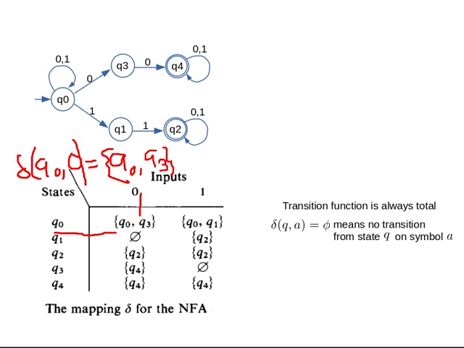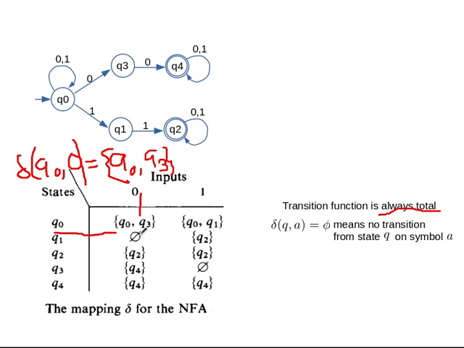Now here, even if we have this behavior of getting stuck, we do not need a partial transition function. So transition function is always total, okay? So you see, from Q1 on input 0 there is no transition. But now we can say that this delta of Q1 and 0 is just phi.